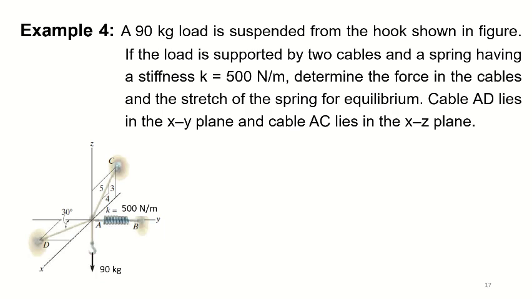If the load is supported by two cables AD and AC and a spring AB, the spring stiffness constant K is equal to 500 newtons per meter. So we are asked to determine the force in cables AD and AC and the stretch of the spring for equilibrium.